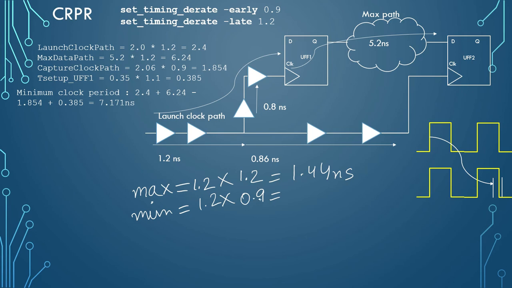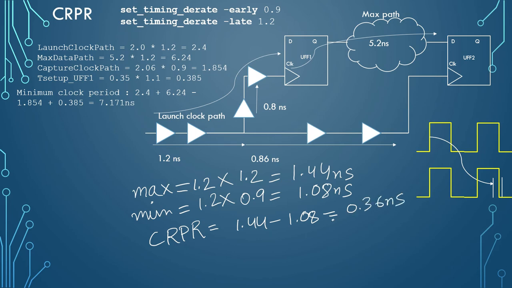So that is 10% pulling. So that becomes 1.08. And CRPR is nothing but the difference of these two, 1.44 minus 1.08, and that value is your CRPR, that is 0.36 nanoseconds.